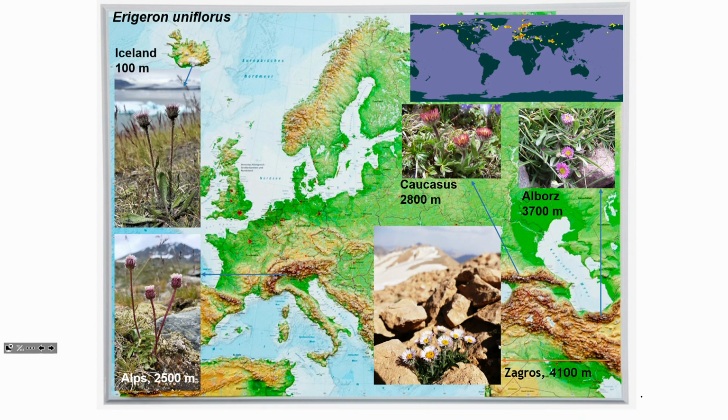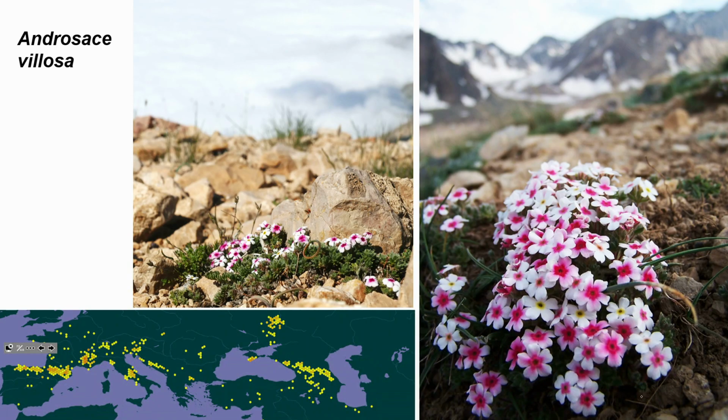For me also, this one is Erigeron uniflorus subspecies denaensis, and this one subspecies elburzensis. For me, they are different, and the habitat is also different. This one is in snowbeds, and this one is in scree and rocky habitats. Habitats are very different, and morphology also. So I think they should be divided as different species, but they are closely related to each other.